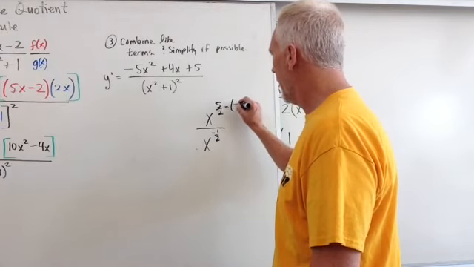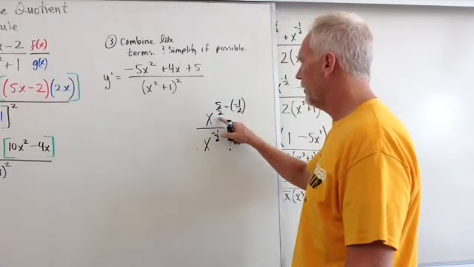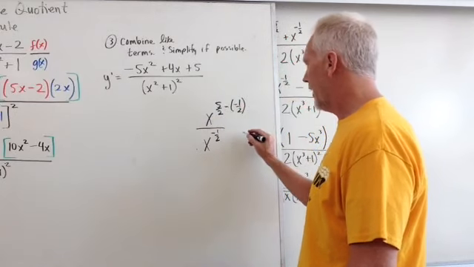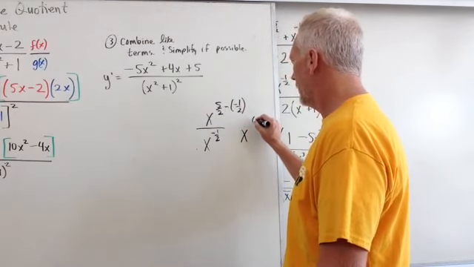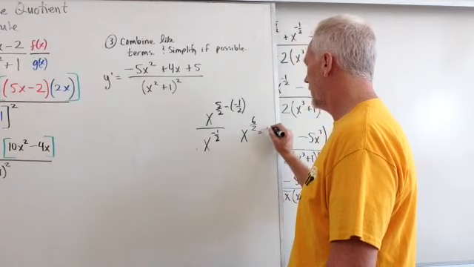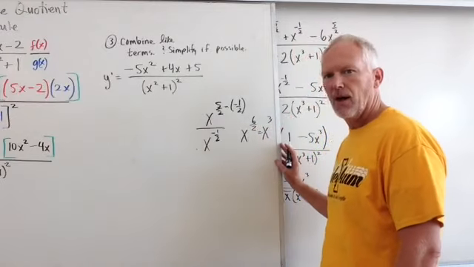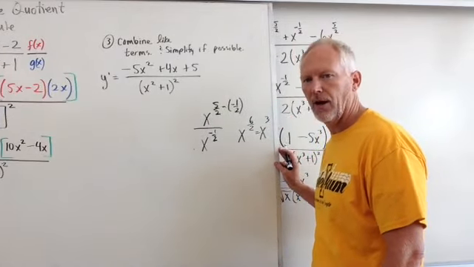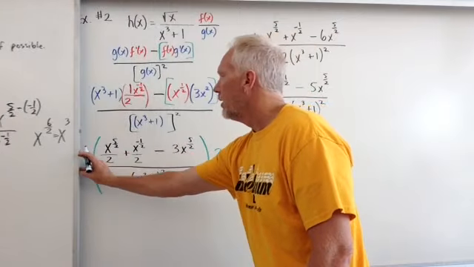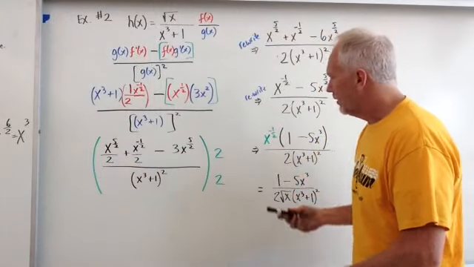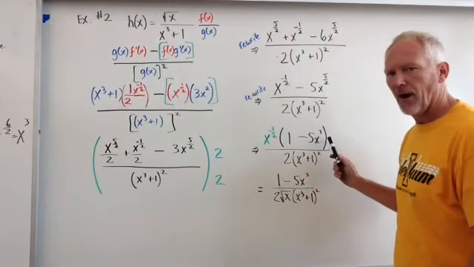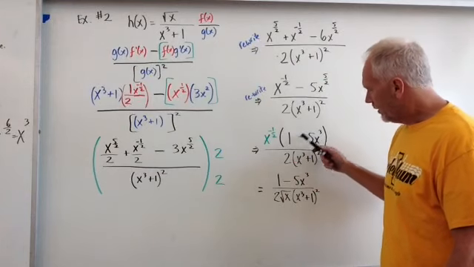So it will be 5/2 minus negative 1/2, and that will give us x to the 6 over 2, which is x cubed. And that's how that happened. So now, coming back here, that's how I get negative 5x cubed.